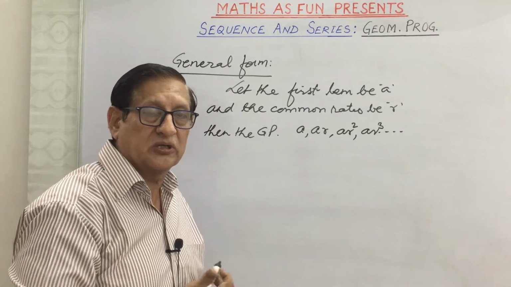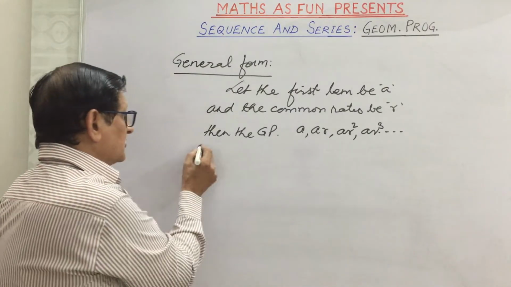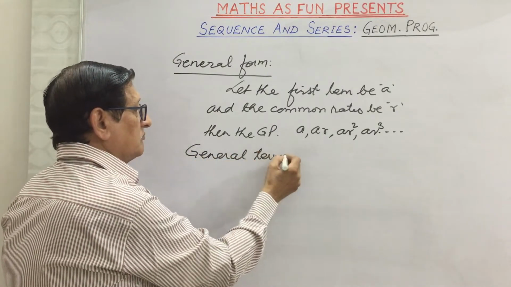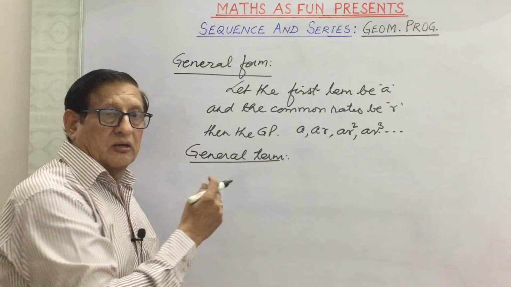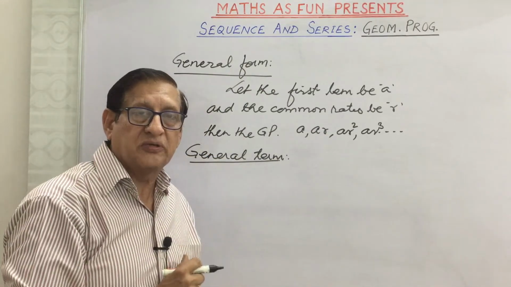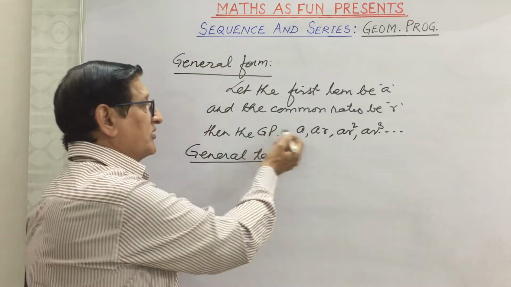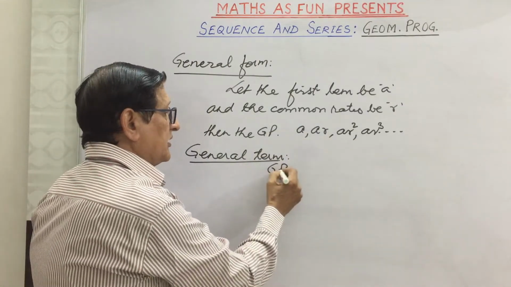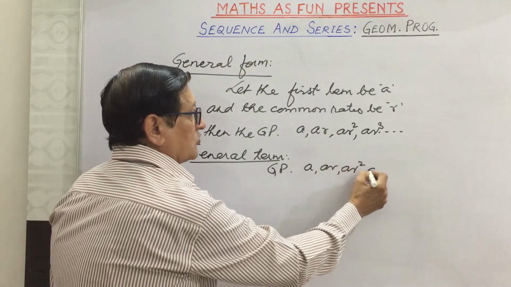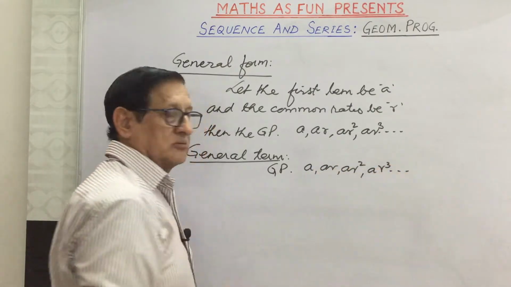That is geometric progression. When we talk about the general term of it, what is the meaning of general term? That is a formula to find out any term of a GP. See, we have taken just now the GP as A, AR, AR square, AR cube and so on.